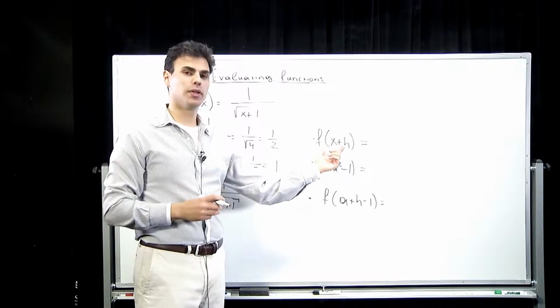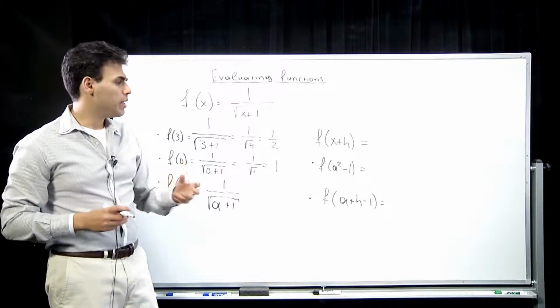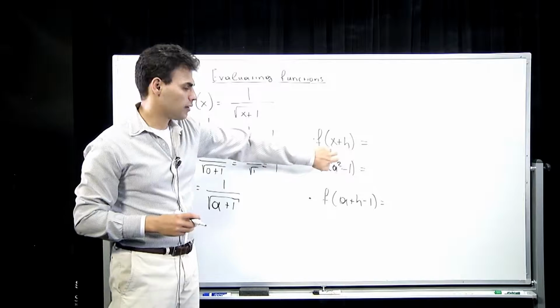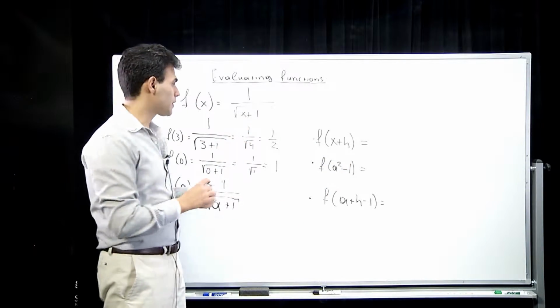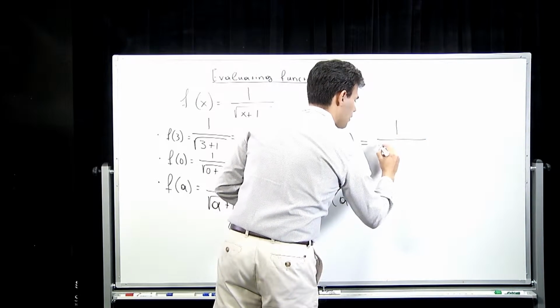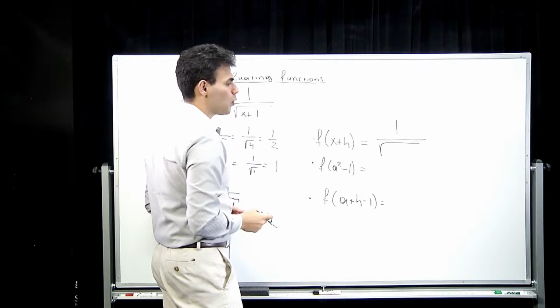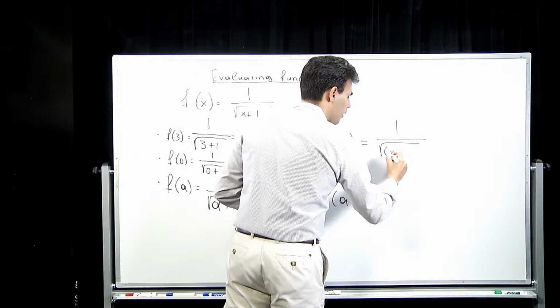Also, what do you do when you see x and something else inside f? Again, basically this means take whatever you see in here, the x plus h, and replace it into the formula. So you forget about the f for a second, you focus on the right-hand side, and here you would normally put x. Now you're going to put x plus h, the whole thing.